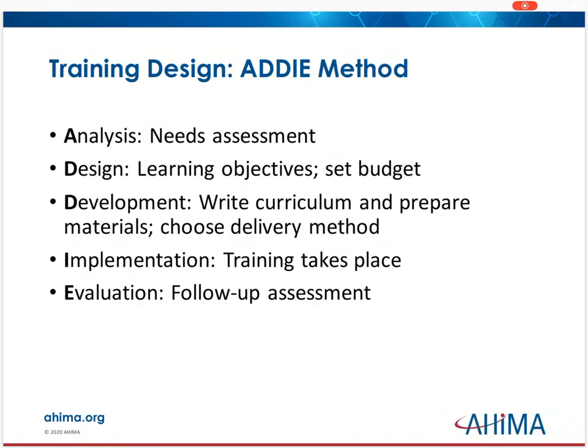So in this case, once we have our needs identified, our analysis step is also going to identify the target audience as well as our overall goals for our training program. So when we have a new employee coming in and we want to get them oriented to the department, oriented to their job, we need to know exactly what they need to learn, exactly what we need to teach them.